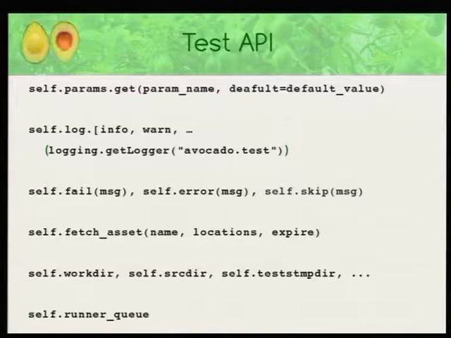And we also have the runner queue, so we can communicate directly from the test to the test runner through the runner queue. We can, for example, tell the test runner to execute or call a given function that's defined somewhere else after that test executed. So those are just some features that are available in the test API. You can benefit from them if using the API.